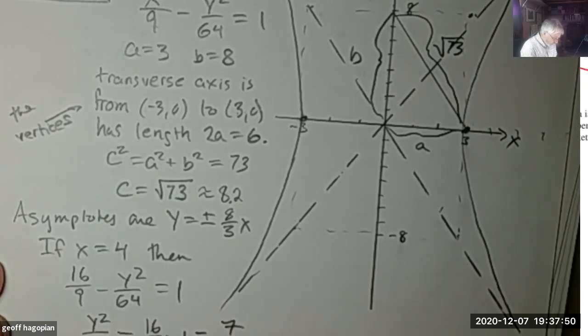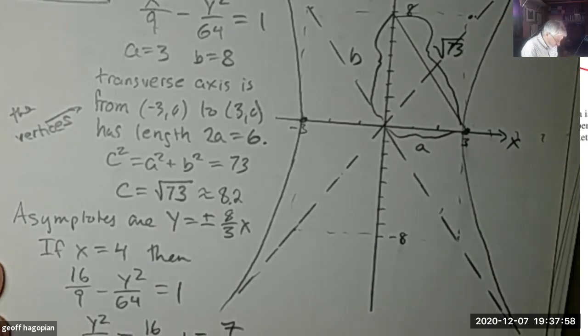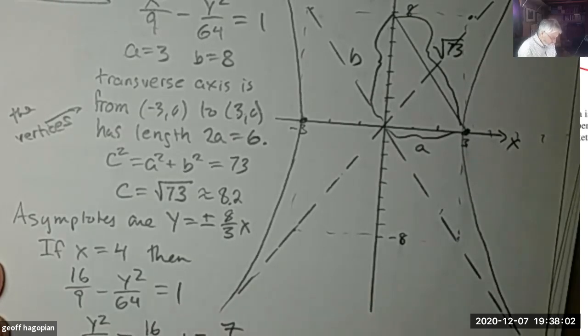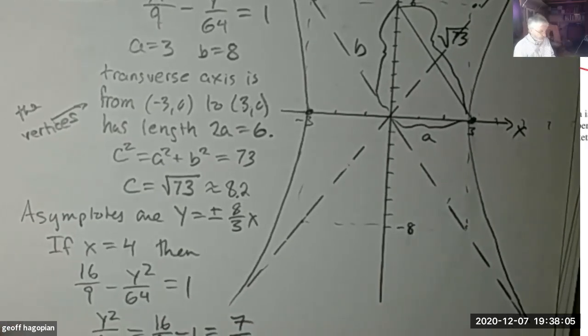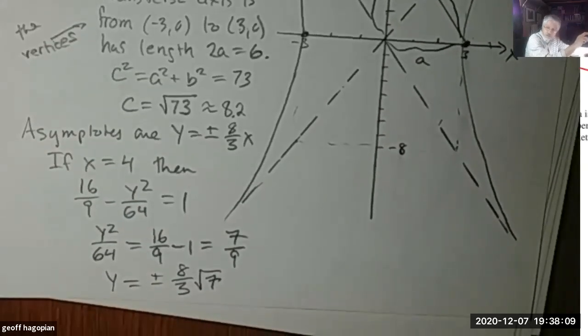And we could multiply both sides by 64 and take the square roots, right? So you'd have plus or minus, it's going to be 8/3 square root of 7. That's off the diagram, huh? Which means another little adjustment here, like so.